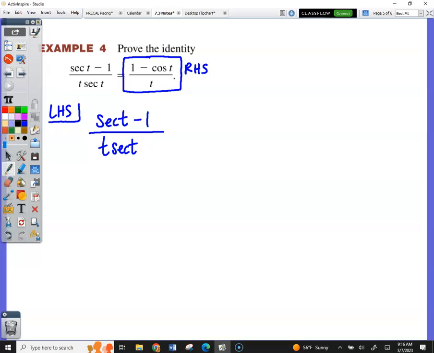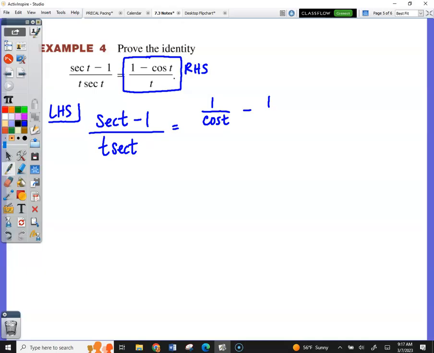Okay, so the first thing you're going to naturally do is replace secant with whatever secant is. What's secant? 1 over cosine. So I'm going to replace this with 1 over cosine so I can actually see what I'm working with here. So I've got 1 over cosine T, then minus 1. Notice where I put the minus 1. That 1 is a whole number understood to be over 1.